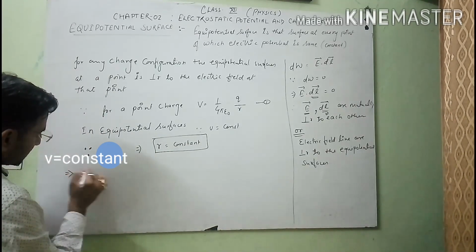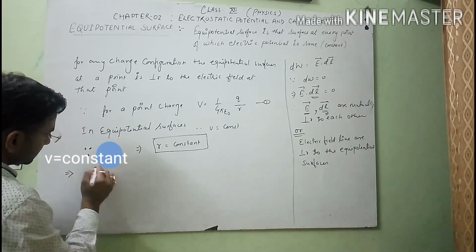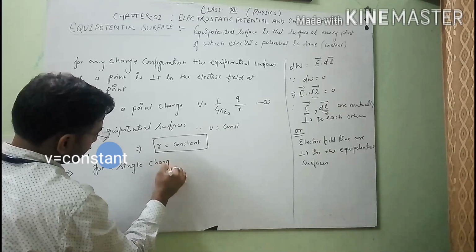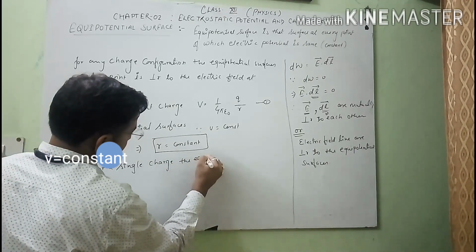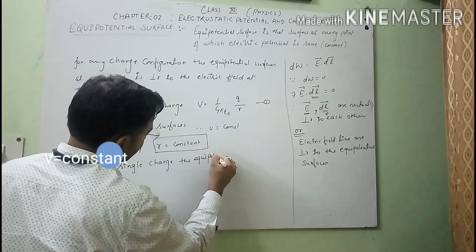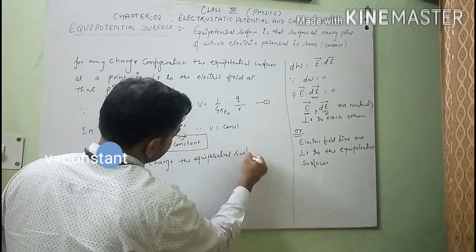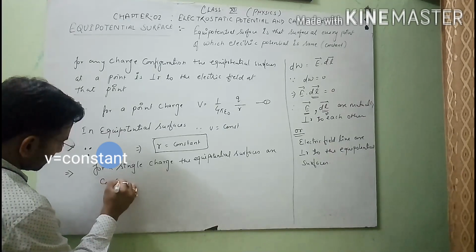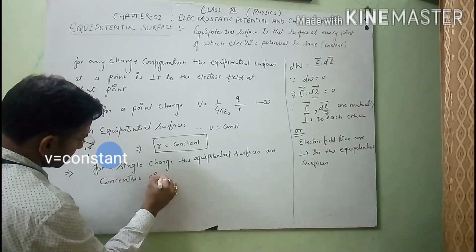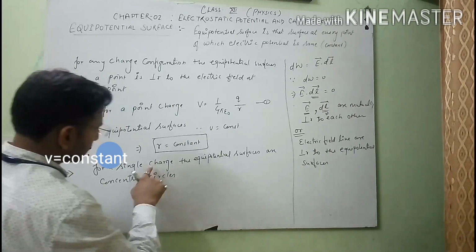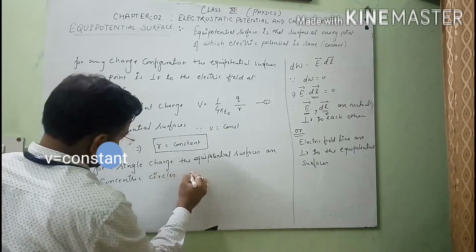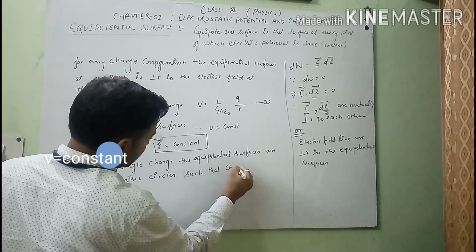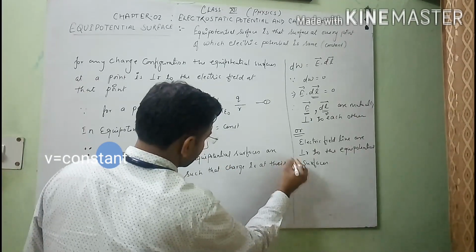So the conclusion is that for a single charge, the equipotential surfaces are concentric circles such that the charge is at their center.